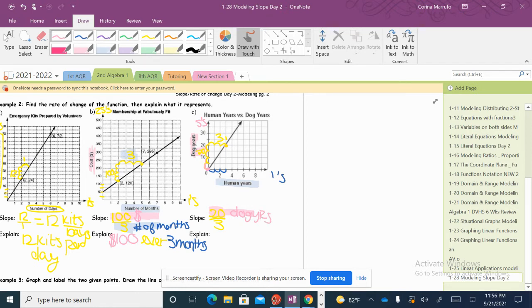On the bottom is my x value, which is my human years. So we said it was 3. That is my human years. So let's explain: 20 dog years is 3 human years.